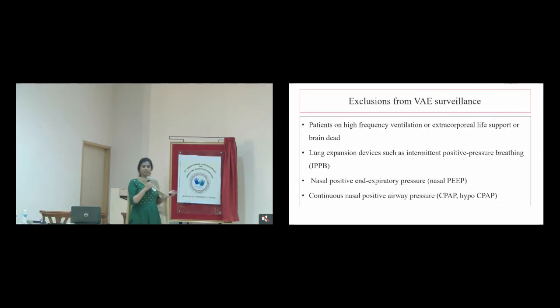There are a few exclusions from VAE surveillance: patients on high frequency ventilation or extracorporeal life support, or brain dead patients are not considered. Lung expansion devices, nasal PEEP, CPAP, hypo-CPAP, all these devices, even though used for passive ventilation, are excluded from VAE surveillance.